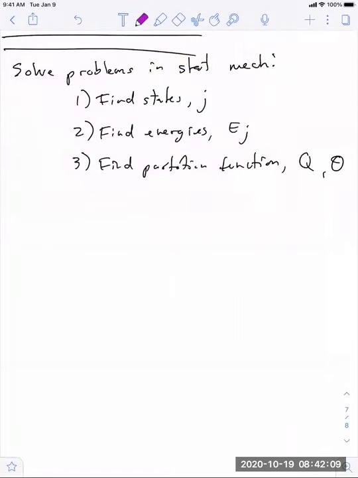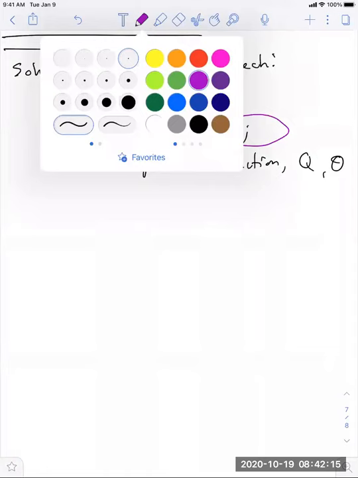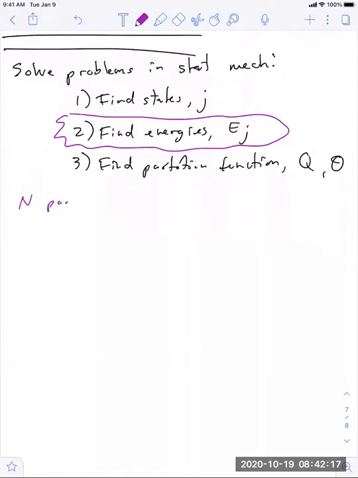So how do we actually find the energies? This is not so trivial. Imagine we had n particles. Then we need to solve the Schrodinger equation for all n of those particles simultaneously.